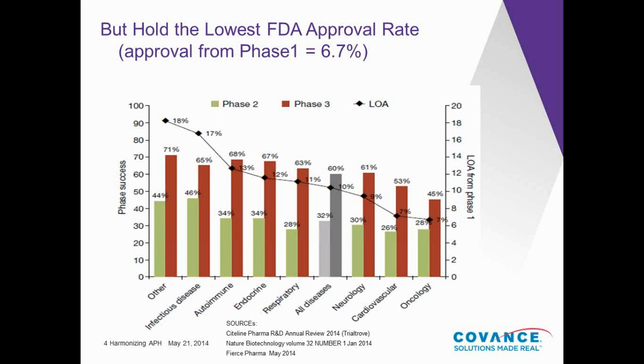And it's less than 7% of all oncology trials end up with a drug that's finally approved. Again, if you look at some of the comparators there on the left, infectious disease, autoimmune, more than double the rate of approval for a drug that makes it to phase 1 that finally gets approved. So quite a bit of difference there. It's a large number of trials, but not the most successful area in terms of throughput in these indications.